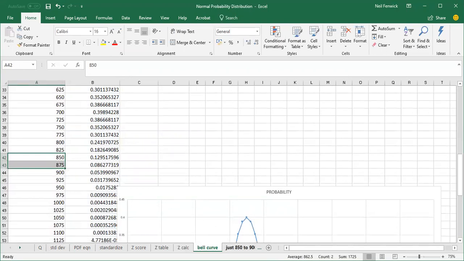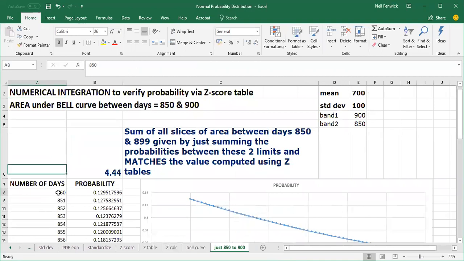In order to get a more accurate figure, on this slide we've got a rectangular slice width of 1. So we've calculated the height of our rectangular slice, height times width, with a width of 1. All we need to do to work out our cumulative probability between 850 and 900 is to add up all the probability values for each day between those limits.